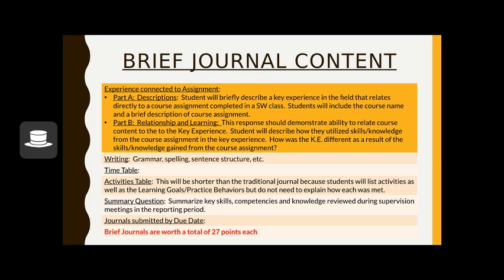That is a huge requirement, that 1 hour a week, and it's by our accrediting body. So that's not something that can be skimped on, and we really want to hear more about what's occurring in those supervision meetings. And again, journals are due by the due date. These journals are worth fewer points, 27 points for Journal 2 and Journal 4.